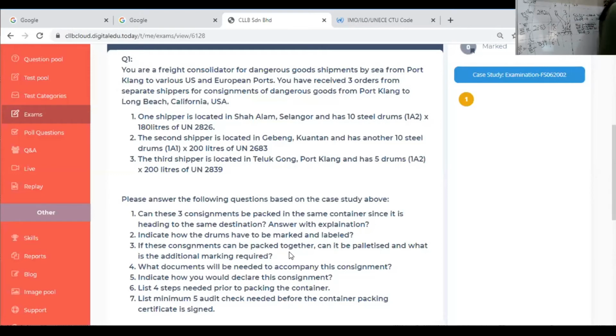So which means we now want to see whether 2683 is in the list of alkalines. Yes, 2683 is there. Alkaline, okay. So there's a 6-meter distance now. So that means this one and this one need to be kept 6 meters away.